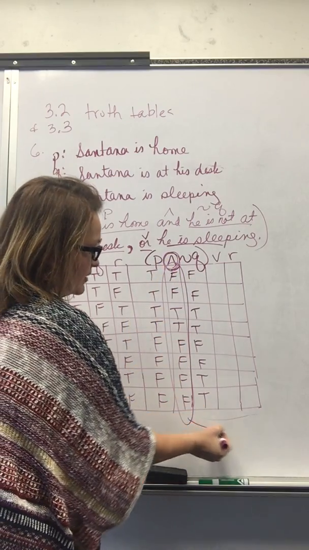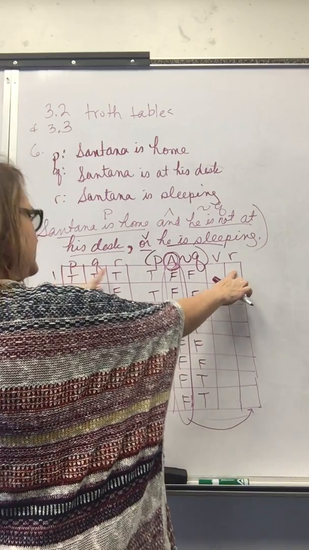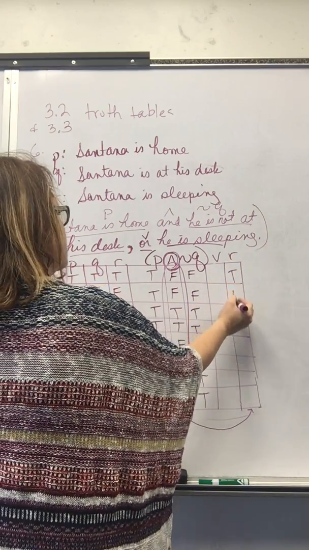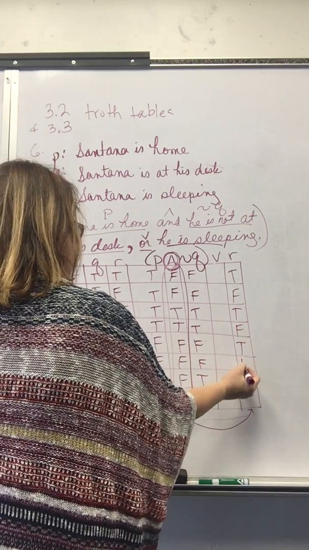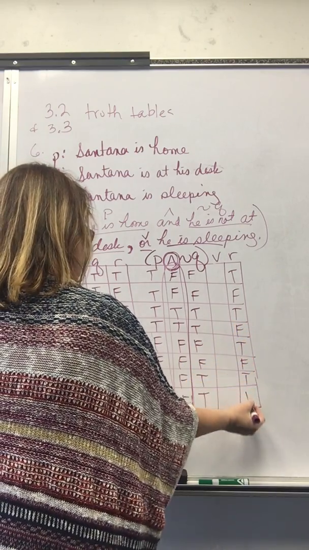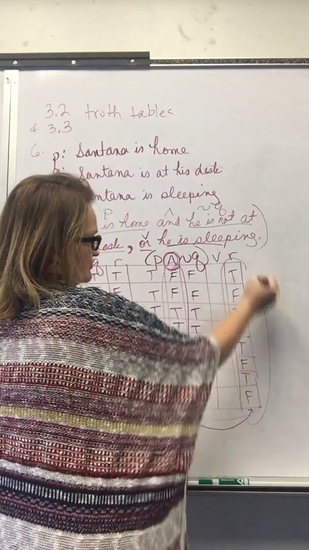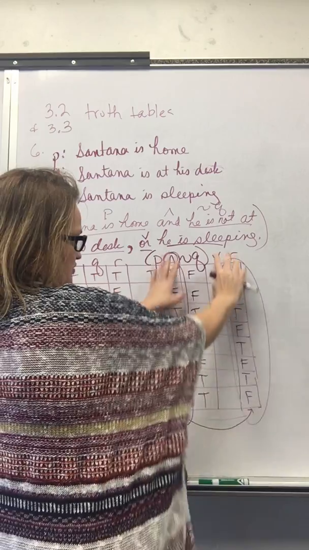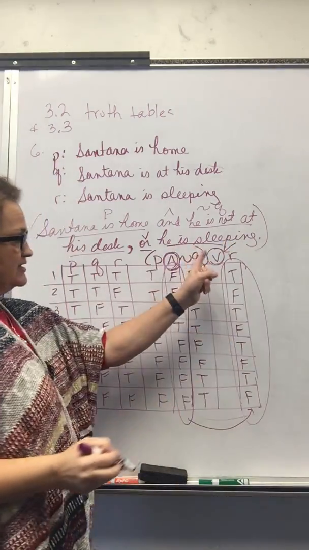I'm going to compare that with this other column over here. So R, again, you could just look there, but to be thorough, I'm copying it down. And now that I have the answer to the parenthesis, and I'm looking at R, I'm comparing these 2 columns with the or rule. The final step is an or.